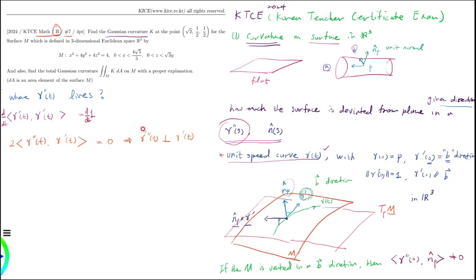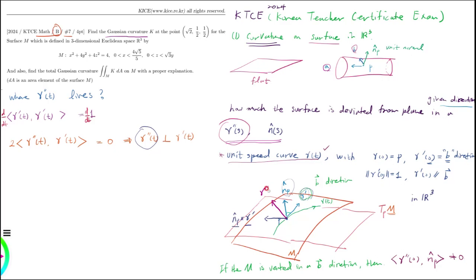So the second derivative of this unit speed curve lives here.